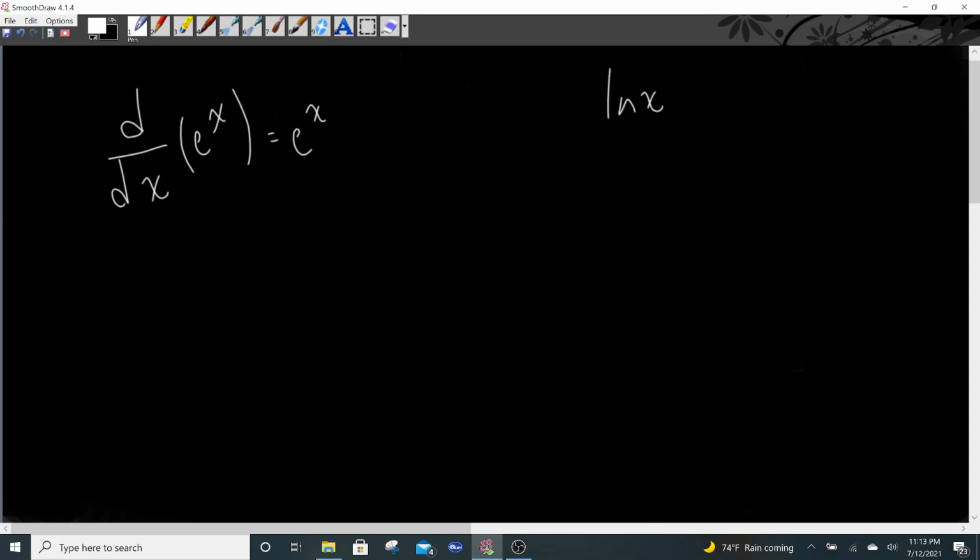We know the derivative of ln x, and we know the derivative of e to the x. So we could do some fancy math and figure out some derivatives using those. But you'd need to know that ln is the inverse of e.